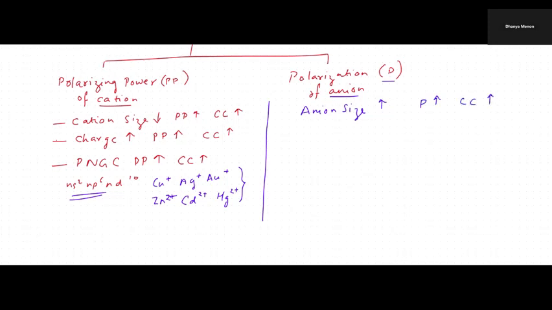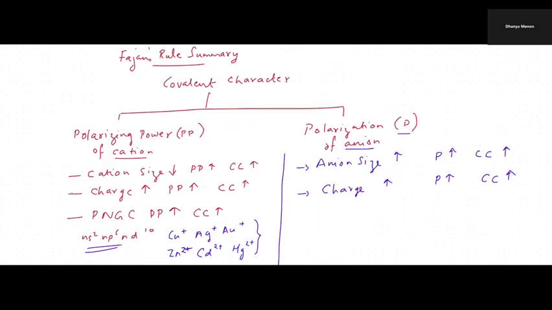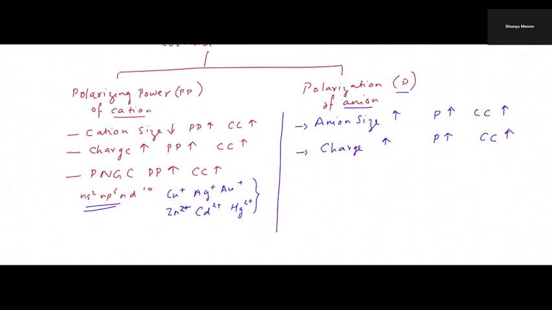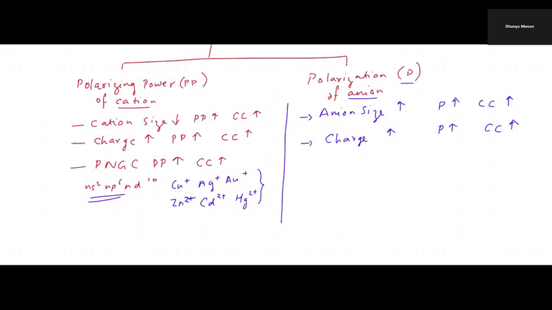Charge: if charge is more, what about the polarization? Polarization is more. Covalent character is more. So this was the summary of Fajans rule. How much covalent character is there in the ionic bond depends upon the polarizing power of cation and the polarization of anion. Okay, I hope this is clear.